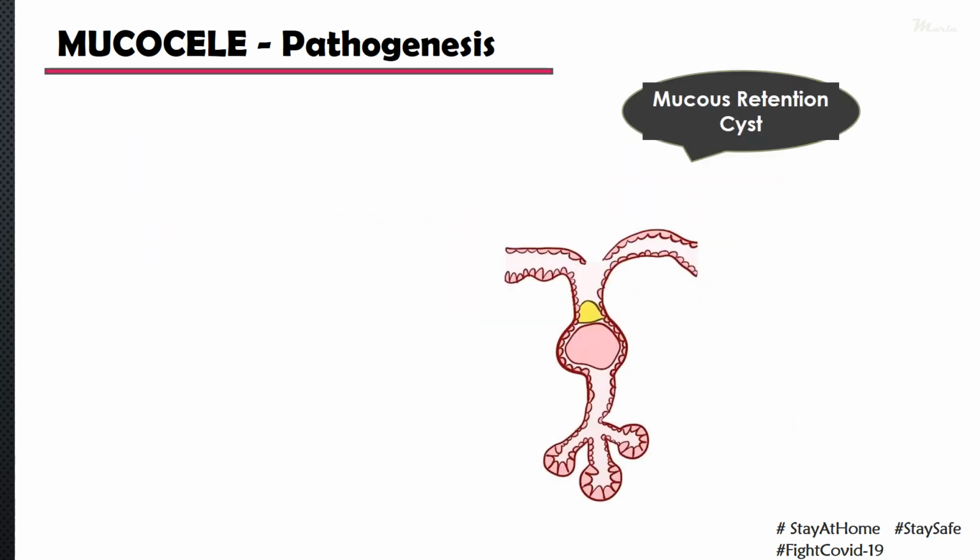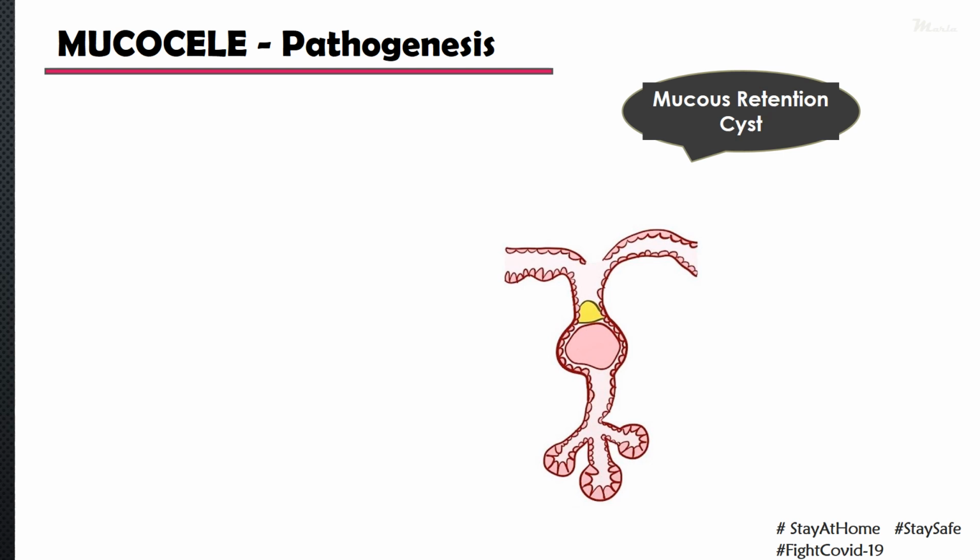Further discussing the pathogenesis of the less common type of mucocele, that is the mucus retention phenomenon. In this type of mucocele, there is no severance of the ductal system. Instead, there is a blockage of the ductal system.